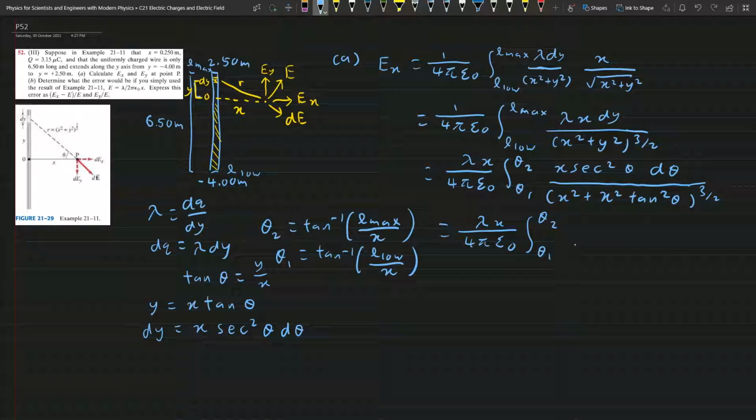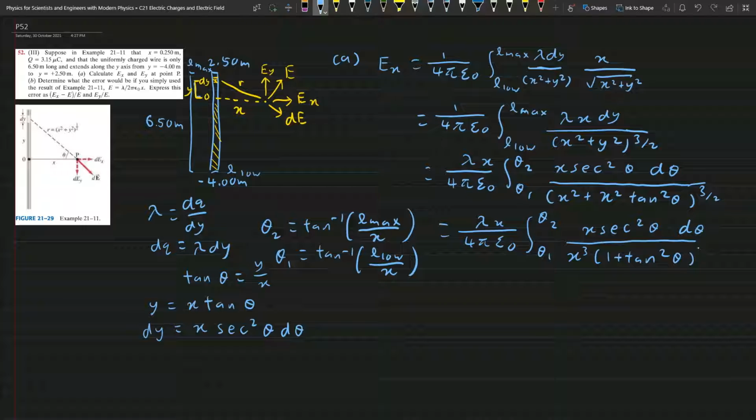Now we can take this x out of the bracket from the denominator. So here we get x cube times 1 plus tangent square theta, to the power of 3 over 2. You can see when we put it out here, it still has a power of 3 over 2, and this 2 can be cancelled out with the 1 over 2, so the remaining is 3.